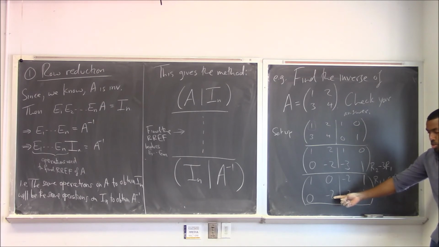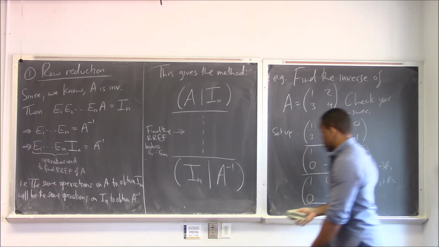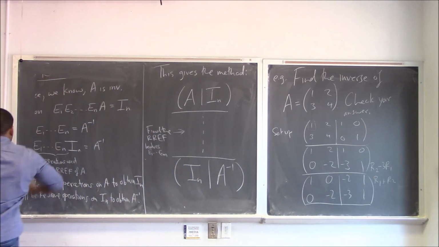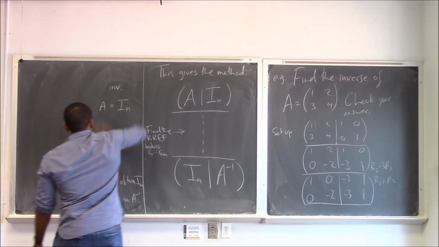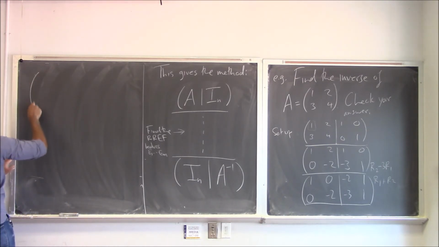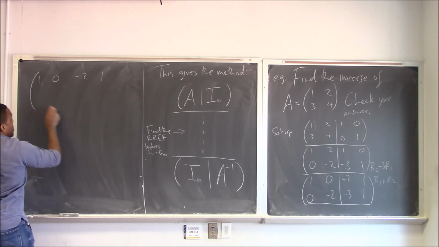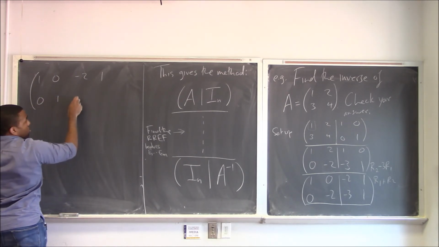Now there's nothing else to do but to make this into a bona fide pivot, so I'm going to divide the second row by -2. So this gives 1, 0, -2, 1. Then I'm going to just divide this guy by -2.